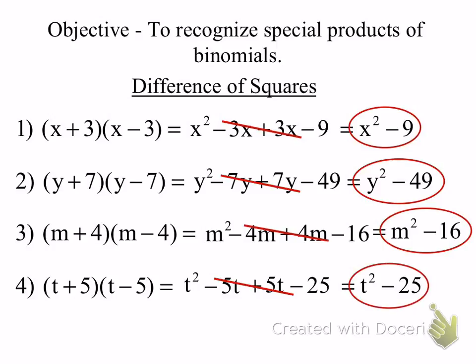All right, now let's look at the actual pattern. A lot of times they'll use A and B when they're talking about the pattern. When you see standardized tests, you'll see it in terms of A and B or an X and Y. So we know that we square the first term.